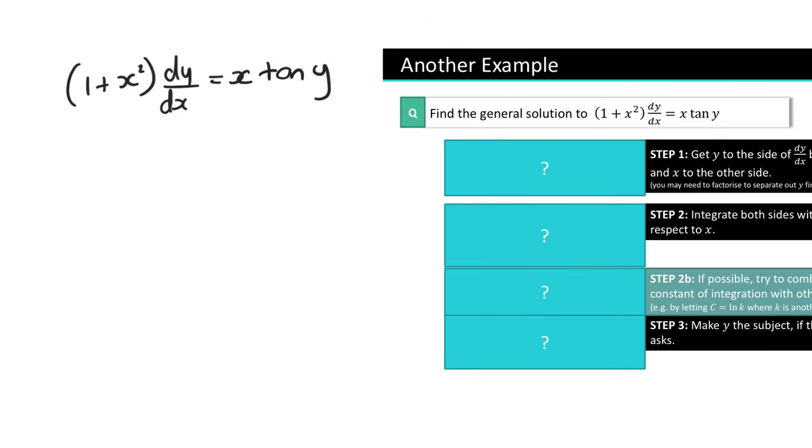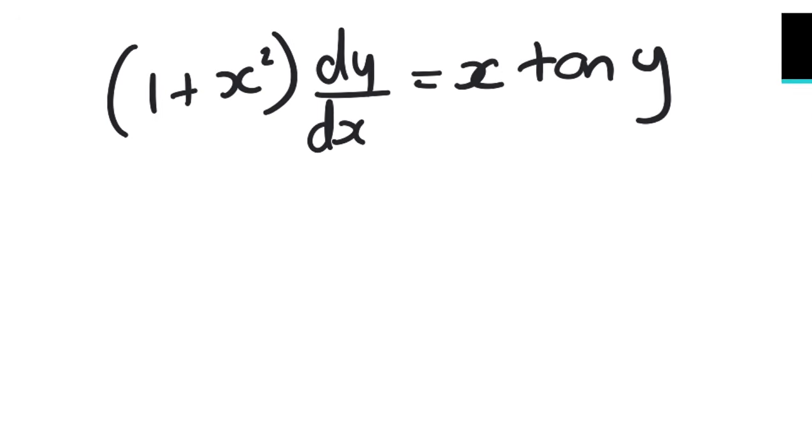Remember, right now we're just going through the motion of the steps. Step 1. Technically, you want your y's on the same side as your dy by dx. So I want my tan y and my dy by dx on the same side.